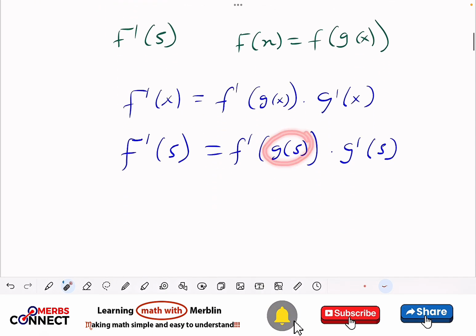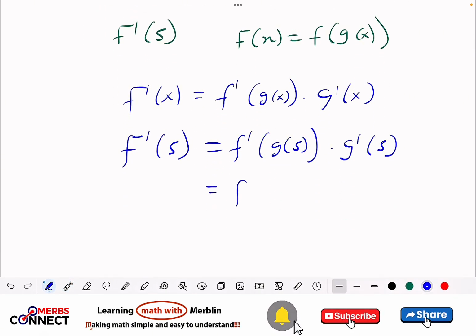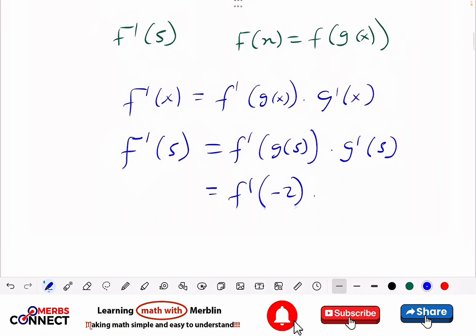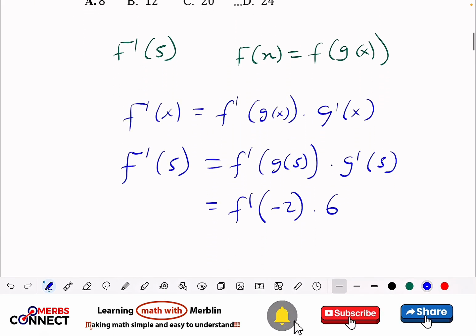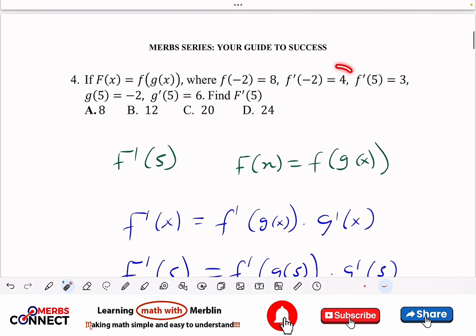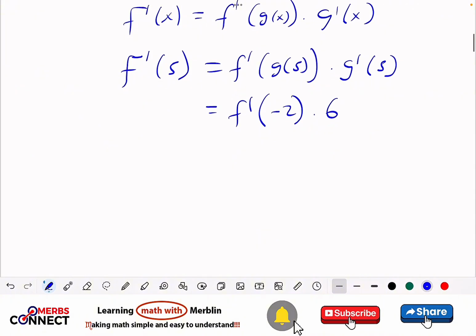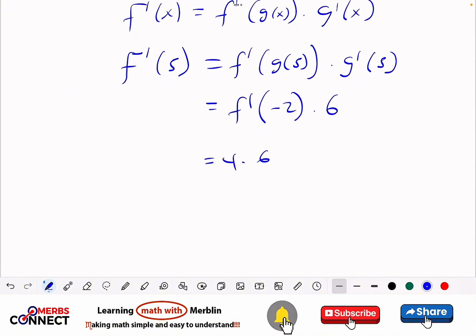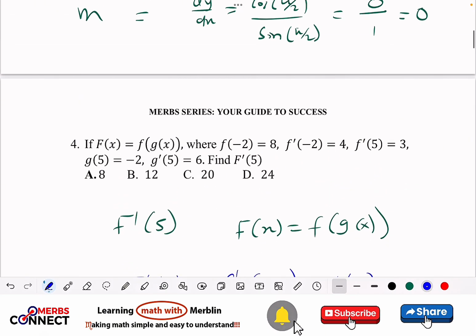So this is f prime of minus 2 times 6. Now what is f prime of minus 2? That is 4. So we are going to have 4 times 6, and I believe this one's supposed to be 24. So we are going to get 24 for this one, which is D.